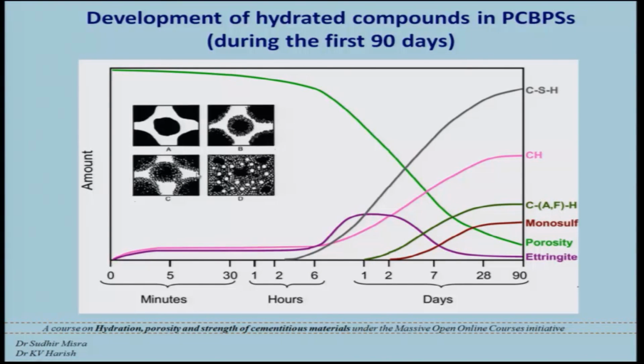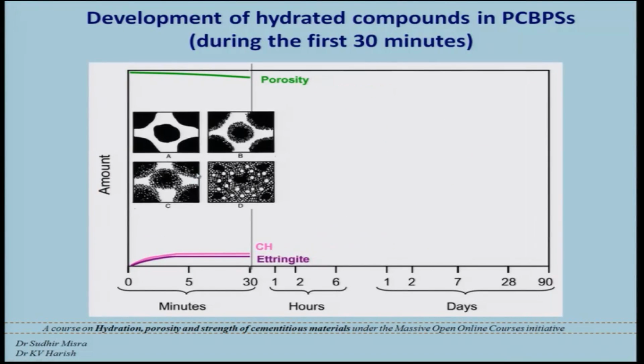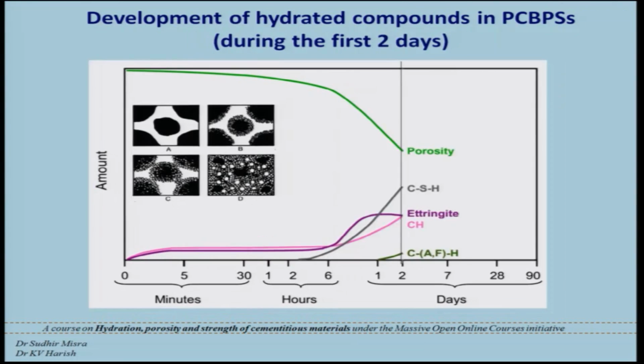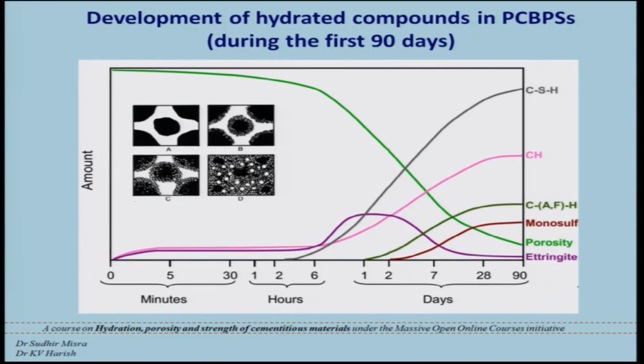So, all these figures which we have seen previously give an approximate idea about how the porosity is changing with the development of hydrated compounds. This is a very important part in Portland cement based systems, and also from the quiz standpoint.